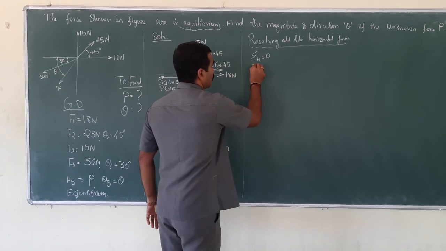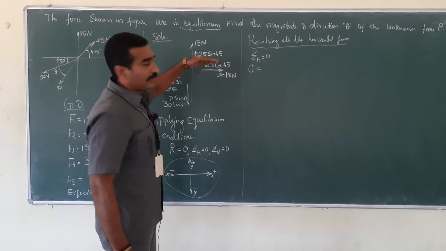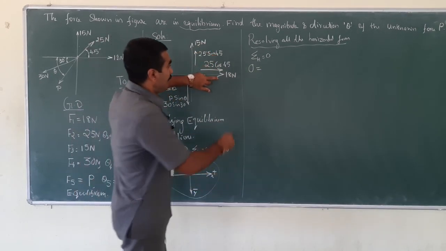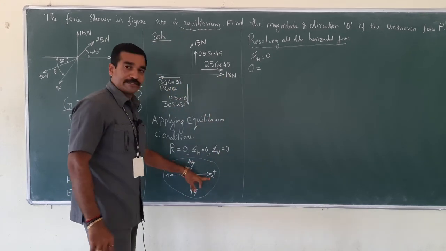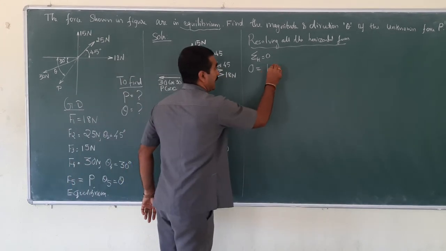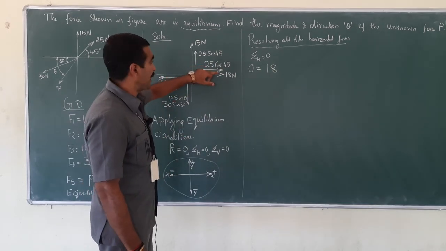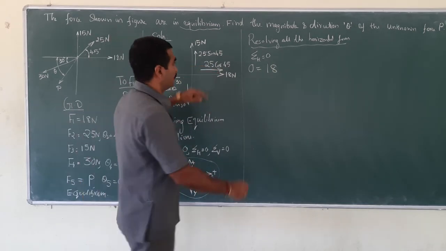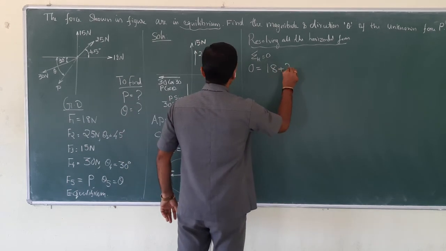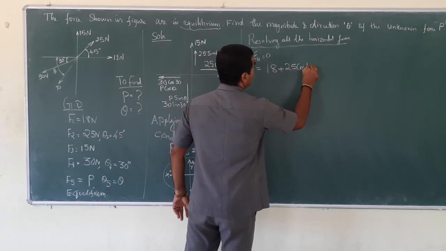So 0 equal to the sum of all the horizontal forces. Look at here. The 18 which is acting in the positive x direction, therefore it is 18. And the next force, which is acting in the positive x direction with a positive sign, 25 cos 45.